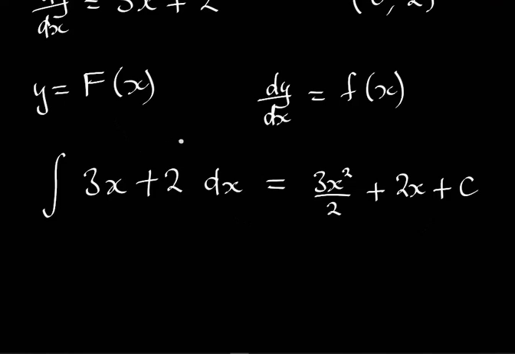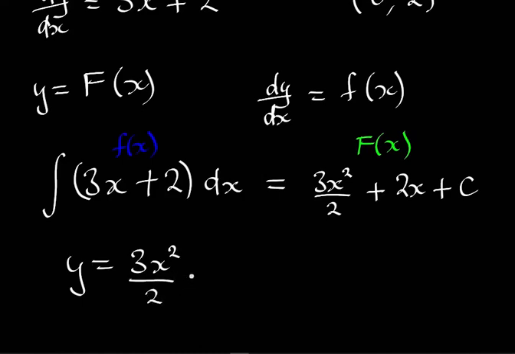Notice this function here that we have is our f'(x), which is dy/dx, and then this function on our right side is our f of x. Watch this very clearly. We said that y is equal to f of x, right? Let's try using that. Y is equal to 3x squared over 2, then that. Then we have plus c, right?